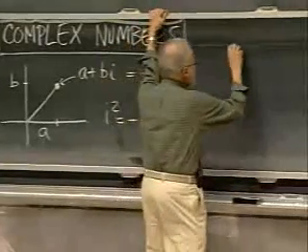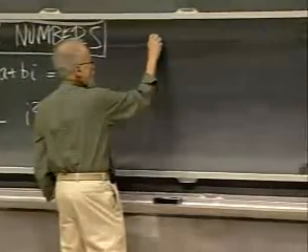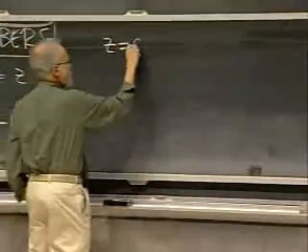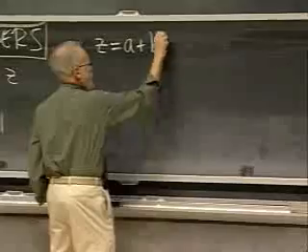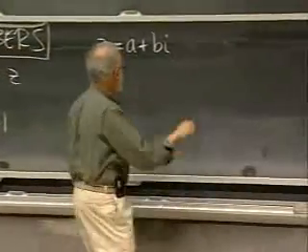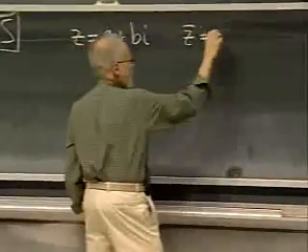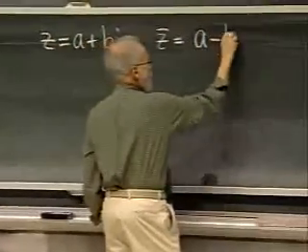So remember that division is done by making use of the complex conjugate. If z is equal to a plus bi, some people write a plus ib, and sometimes I'll do that too if it's more convenient. Then the complex conjugate is what you get by changing i to -i.